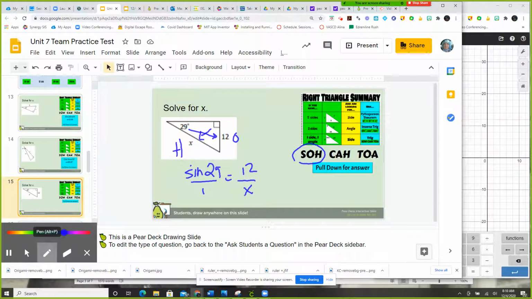Yes. Correct. It's almost as if those switch places. Yes. So go ahead.